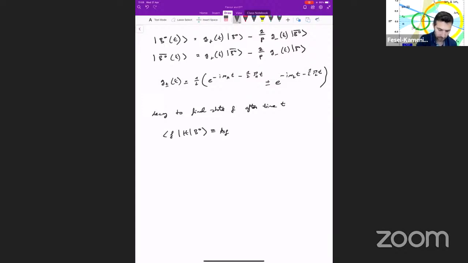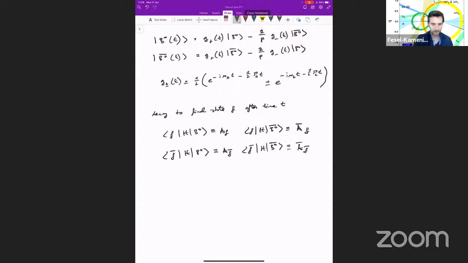And then, in the same way, we can parameterize all the CP-related decay amplitudes, namely the decay amplitude to the same final state f of the B naught bar state, we will denote as A bar f, and then the decay amplitude to f bar, so the CP conjugated final state, of the B naught initial state, will be denoted by A_f bar, and finally the decay to f bar of B naught bar will be parameterized as the A bar f bar amplitude. Now, in general, all of these amplitudes can be different.